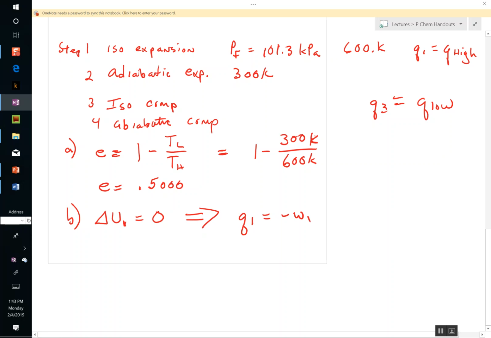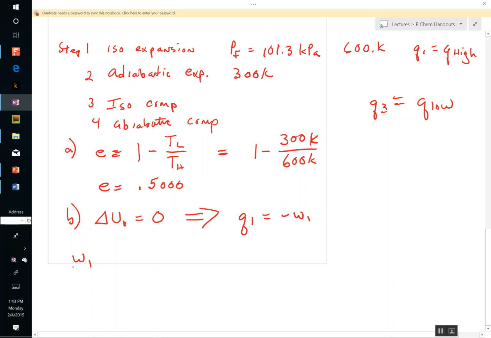Negative P delta V? Or is it the one with the ln? We're given moles, so we could use negative nRT, natural log, V final over V initial, right? You can do it with pressure instead. Yeah, Ryan's on the right track. So Ryan, what are you saying?